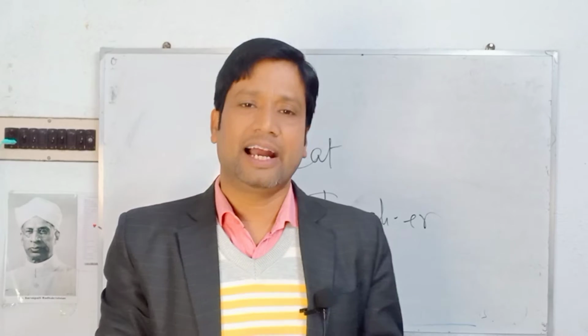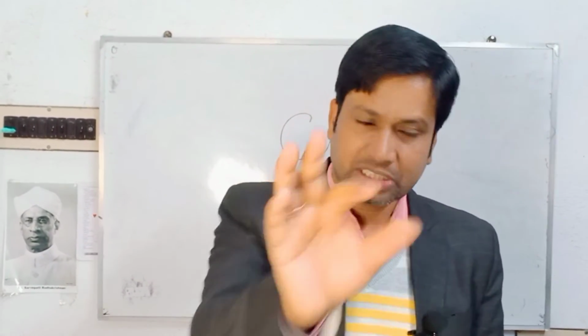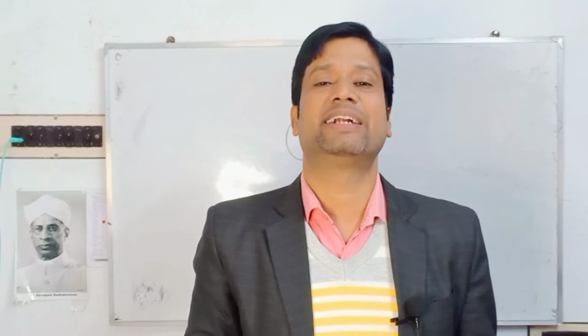Okay. Likewise, if a word has three syllables, that is called a trisyllabic word. If a word has four syllables, that is called a tetrasyllabic word. If a word has five syllables, that is called a pentasyllabic word. And if a word has six syllables, that is called a hexasyllabic word.